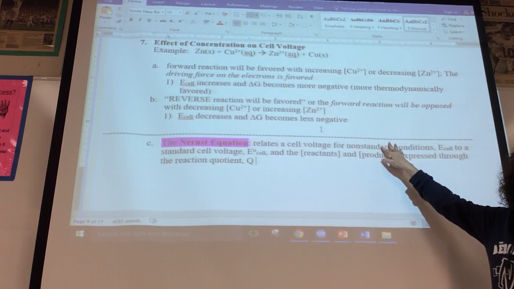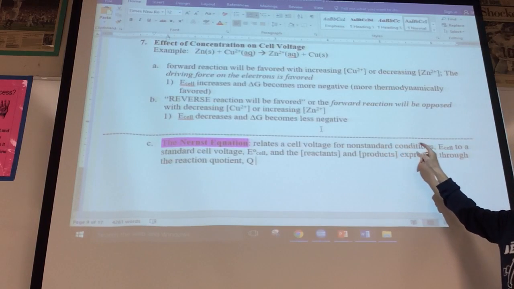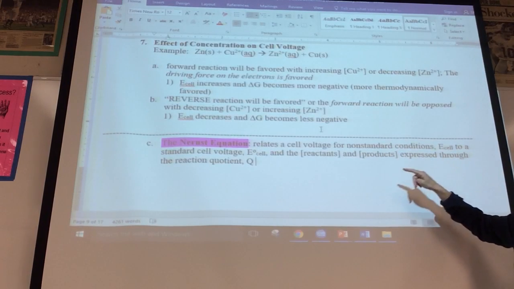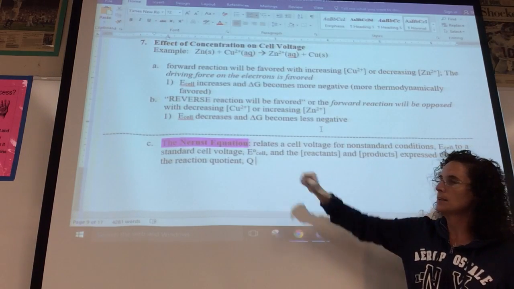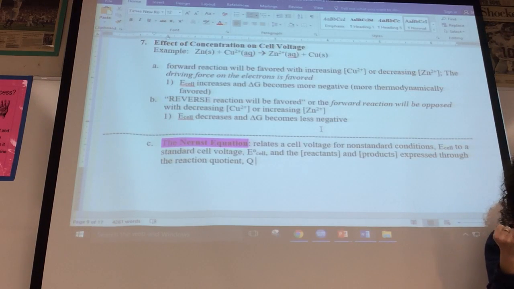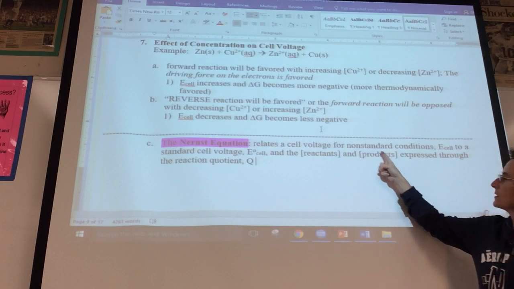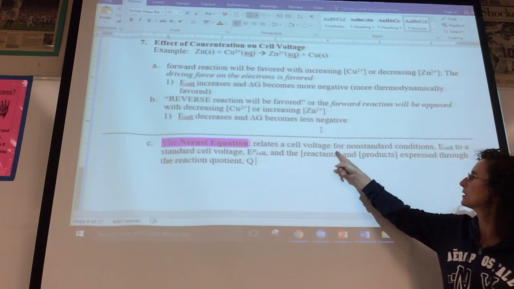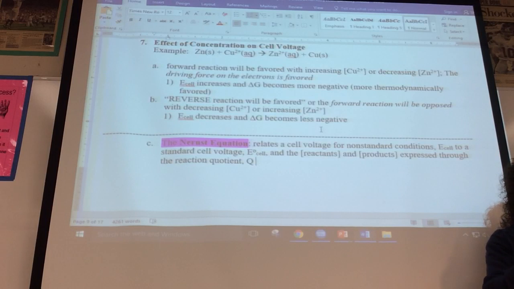This is when you alter the concentration or the pressure if you're dealing with gases. So now you have E cell to a standard voltage, E cell not, where you've got 1 molar concentration or 1 atmosphere or 1 bar of pressure if you're dealing with a gas. And you're going to relate this to the concentration of reactant and product species, aqueous and gases only.